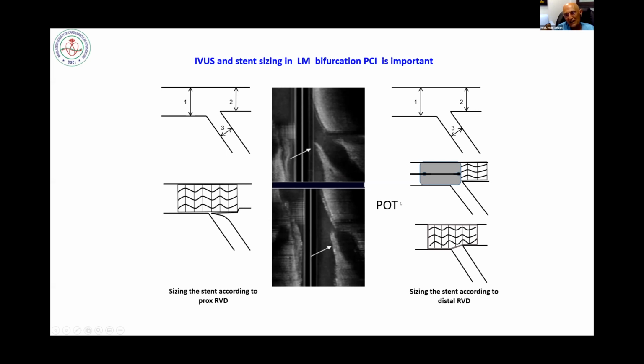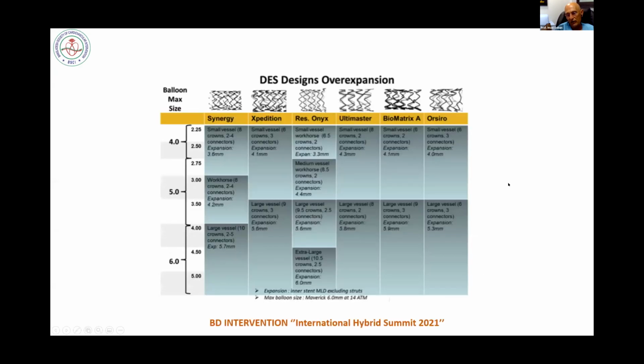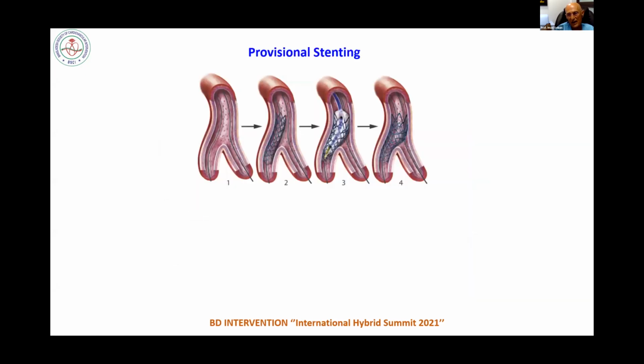Sizing the stent is very important, because particularly important in left main is the apposition of the stent in the left main itself, and the apposition and the full expansion. And as we know, there is always a mismatch between the left main and the two vessels of the bifurcation. And another important thing is the stent characteristics. I think we should know what we are using and how much we can expand the stent.